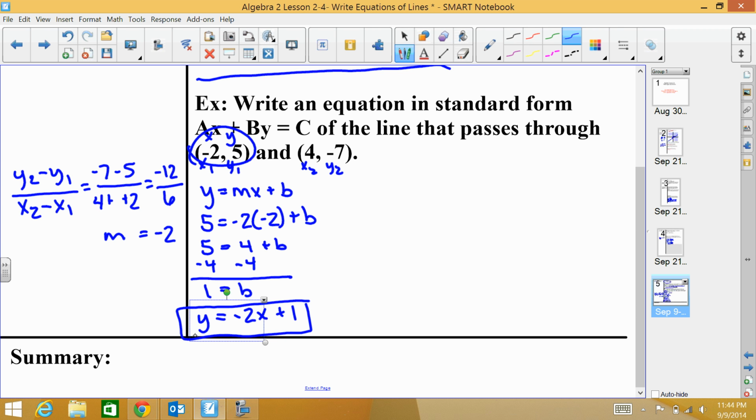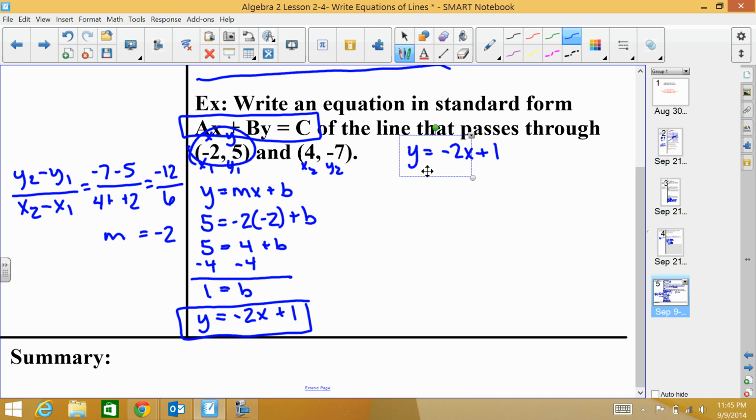Now I have to get this equation into standard form. Okay, so right now my equation looks like y equals negative 2x plus 1. Standard form is ax plus by equals c. So the difference between these two equations is that x and y are on the same side.